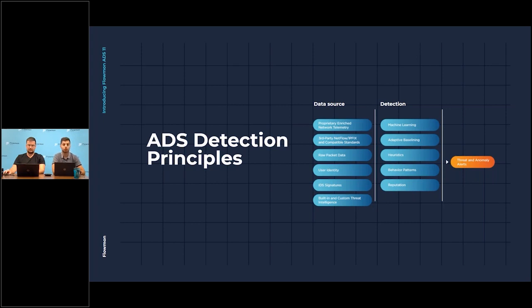We're also capable of collecting NetFlow IPFIX data from compatible devices that may include both hardware infrastructure appliances such as switches or routers, or even firewalls. But that also includes cloud platform telemetry data such as VPC flow logs.